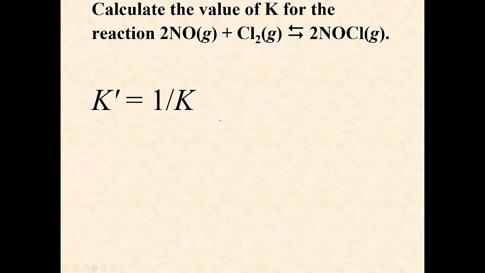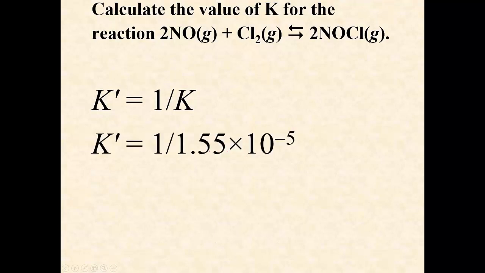Or you can remember your shortcut that we talked about in the beginning, that the inverse of that is going to be your new K. So just take the inverse of the K you just calculated, thinking if it's really big one way, if I reverse it, it's going to have to be really small this way. It's going to have to be really big the other way. So this number makes sense.